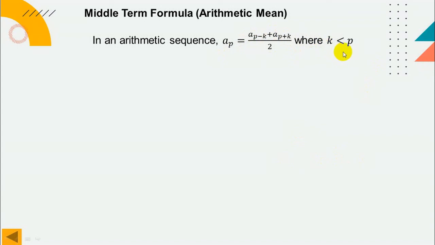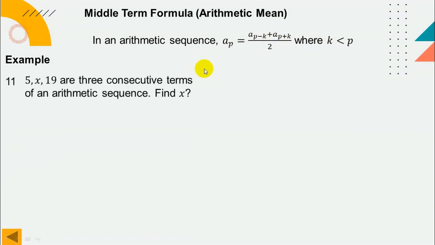So that's the rule. Okay, example 11. 5, x, 19 are 3 consecutive terms of an arithmetic sequence. Find x. We know 5 is the first term, x is the second term, 19 is the third term.